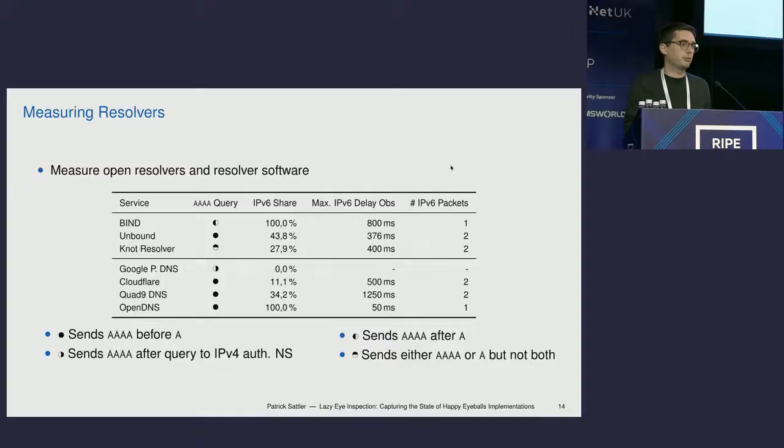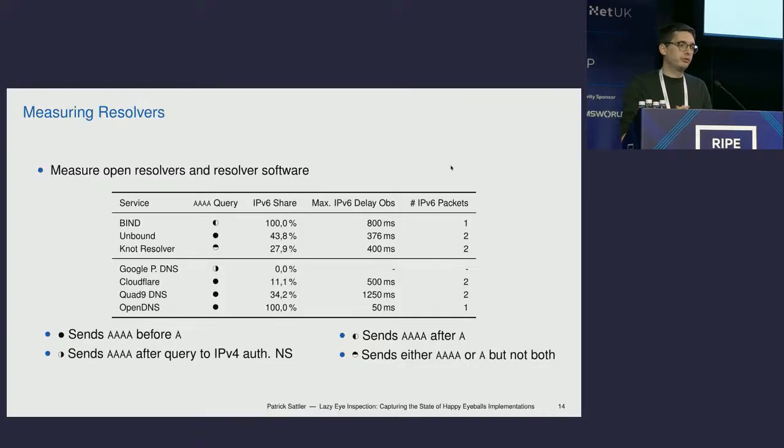so it does not have a direct IPv4 fallback. For the public resolvers, we have a very interesting result, in my opinion, for Google Public DNS. Google Public DNS will, for an uncached zone, not issue a quad A record for the name server name until it first resolved or finished resolving this query, and only after responding to the client, it will issue the quad A record.